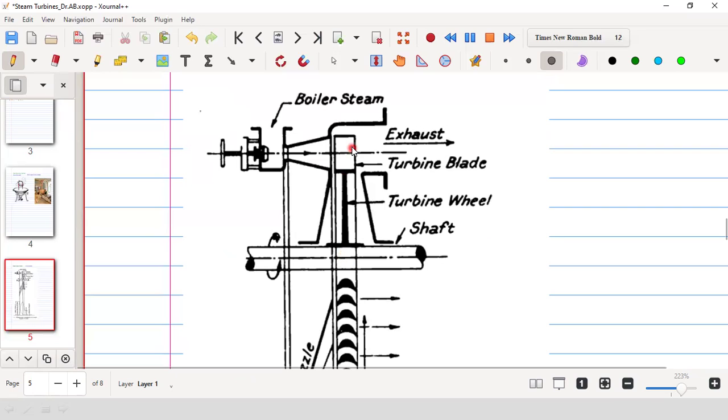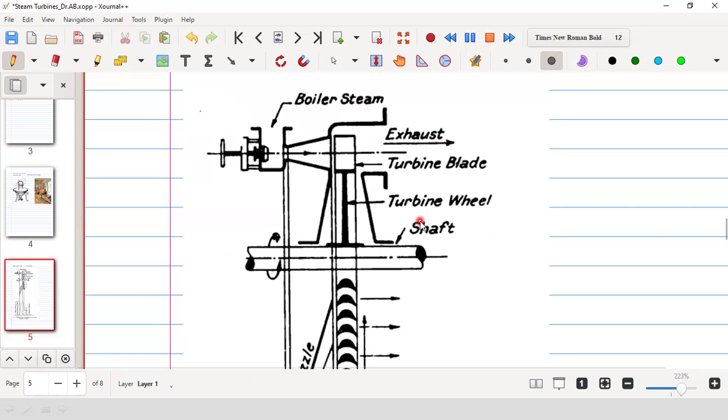So the blade is mounted on the wheel and the wheel is mounted on the shaft. So when the blade moves, it will move the wheel and the wheel will rotate the shaft. This is the mechanism. And after that, it will come out of this chamber as exhaust and it will be condensed.